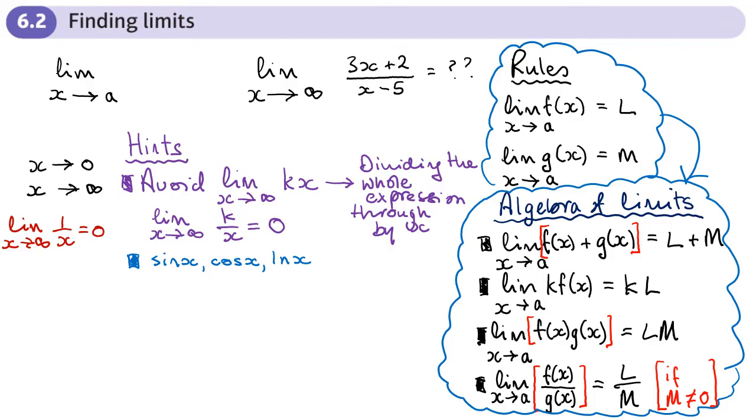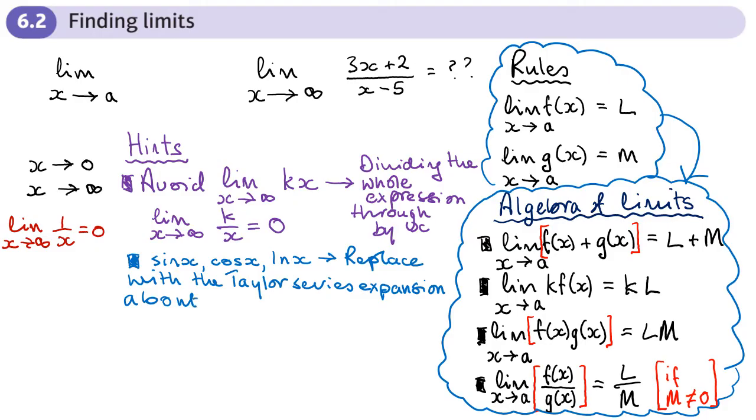So if we see any of these, what we would do is replace them with the Taylor series expansion about a. So a is going to be the limit.